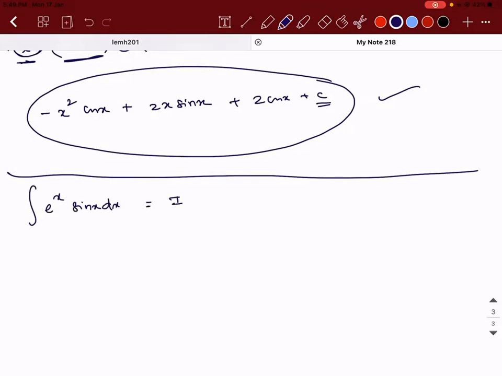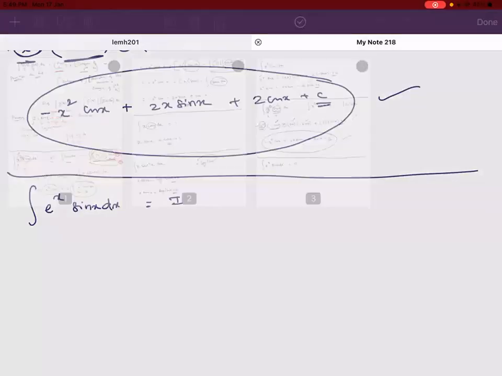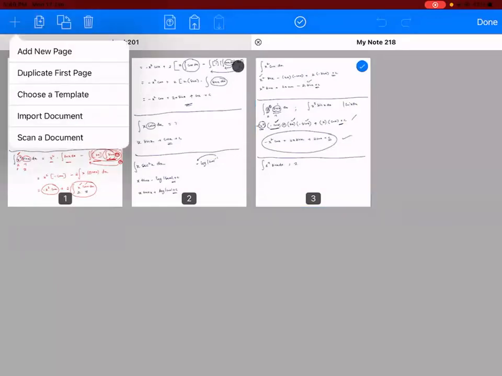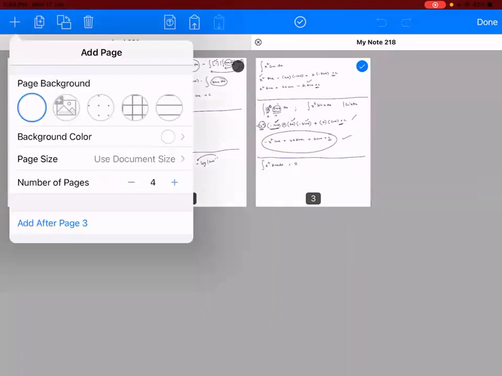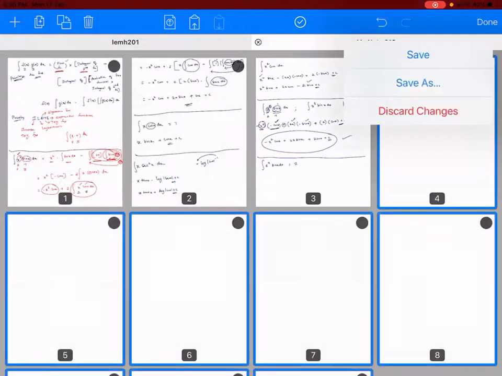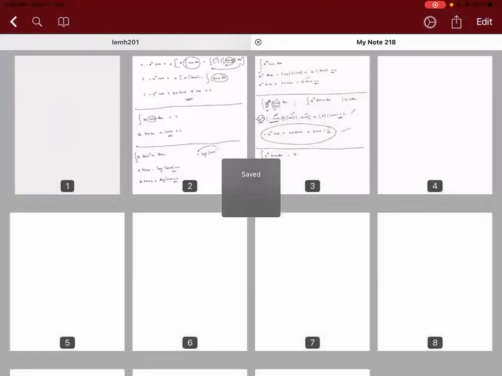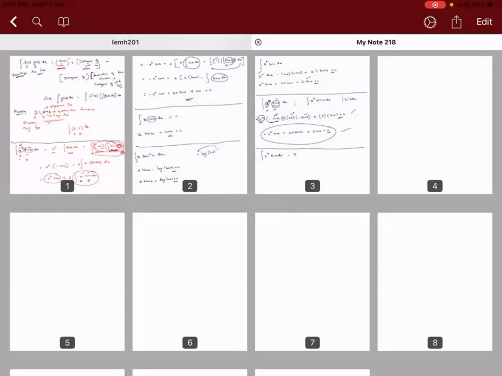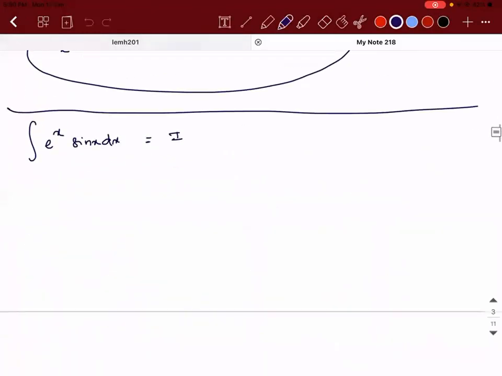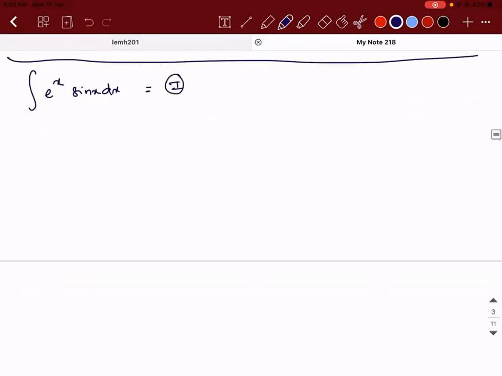Wherever there is a combination of exponential and trigonometric function, take the question as I. Okay, start solving this. This is the first function, this is the second function. Tell me.